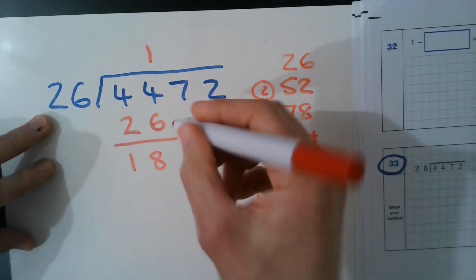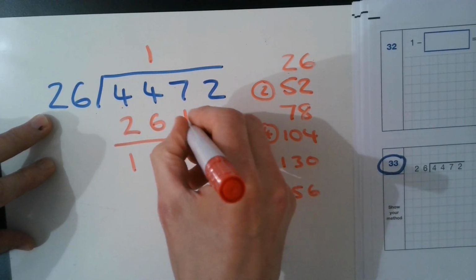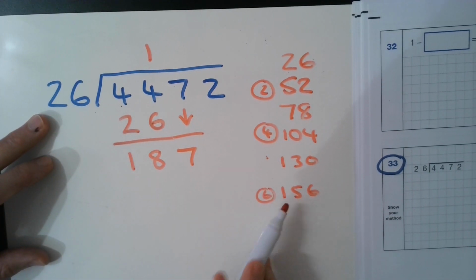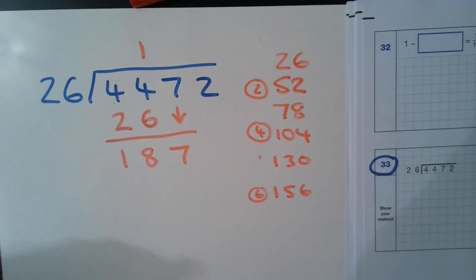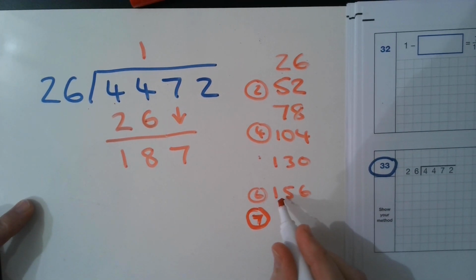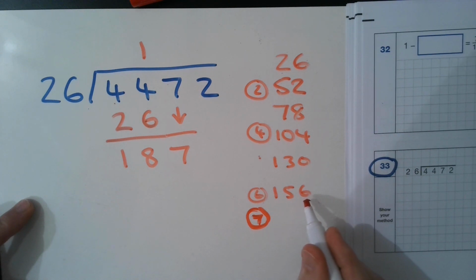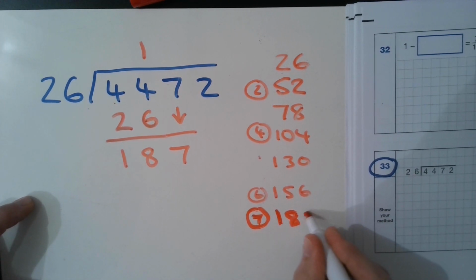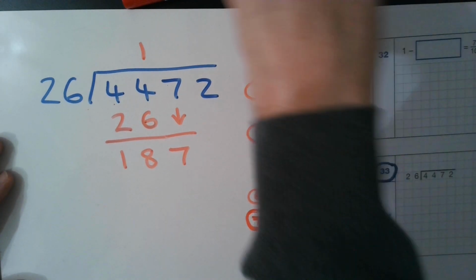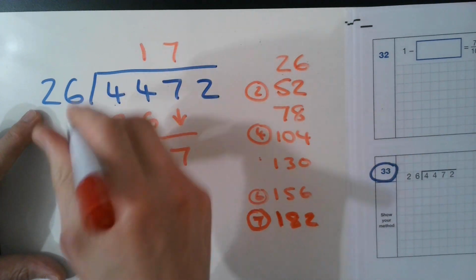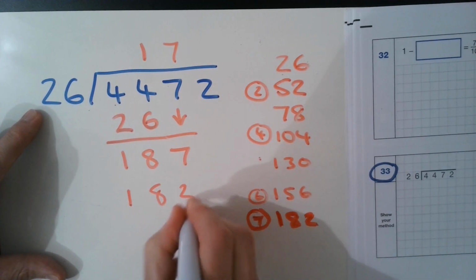And now that 7 is going to drop down to there. If we're looking at this, can we get another 26? This will be our 7th lot. So add 6, we get 162, and then add another 6, we'll get 182. So we can. 7 times 26 is 182.